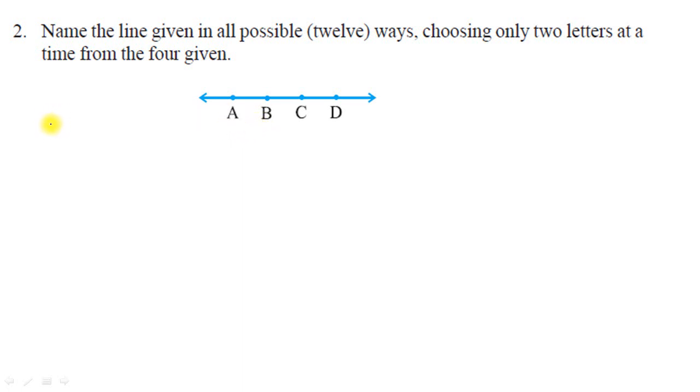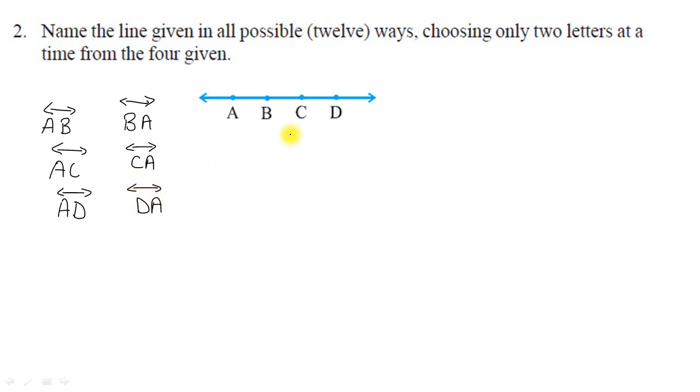So let's write down with the first point A. The first line, if it is AB, A to B, then we can write down AC, then AD, right? So AB can be written as BA, AC can be written as CA and AD can be written as DA, right?